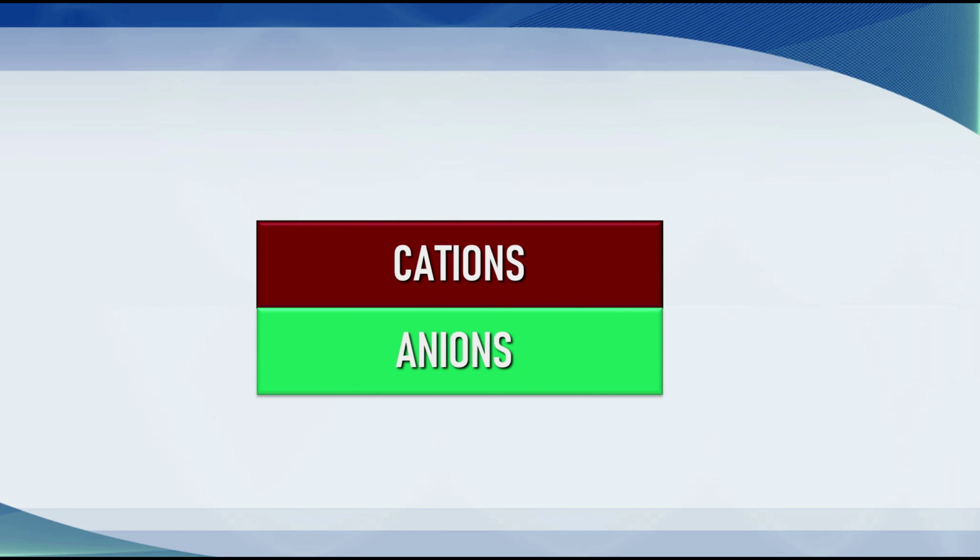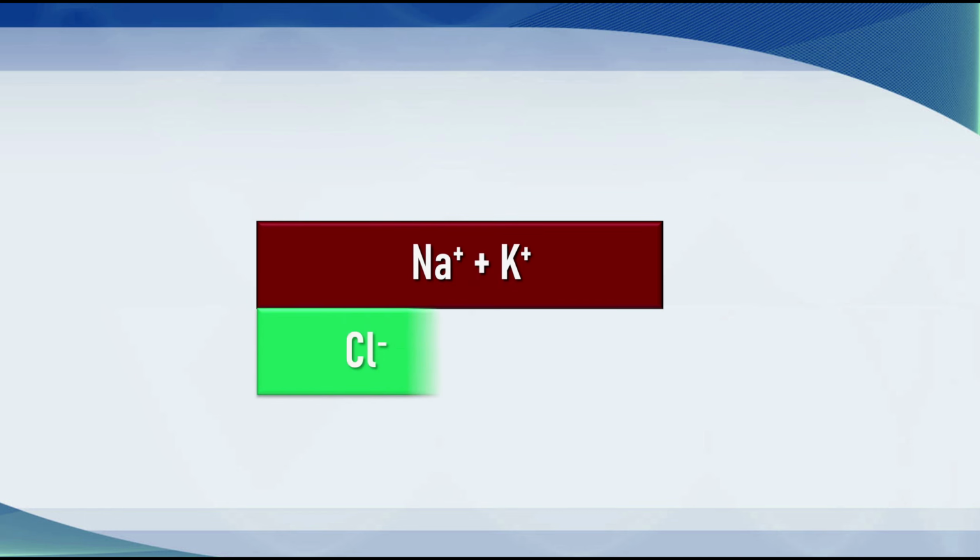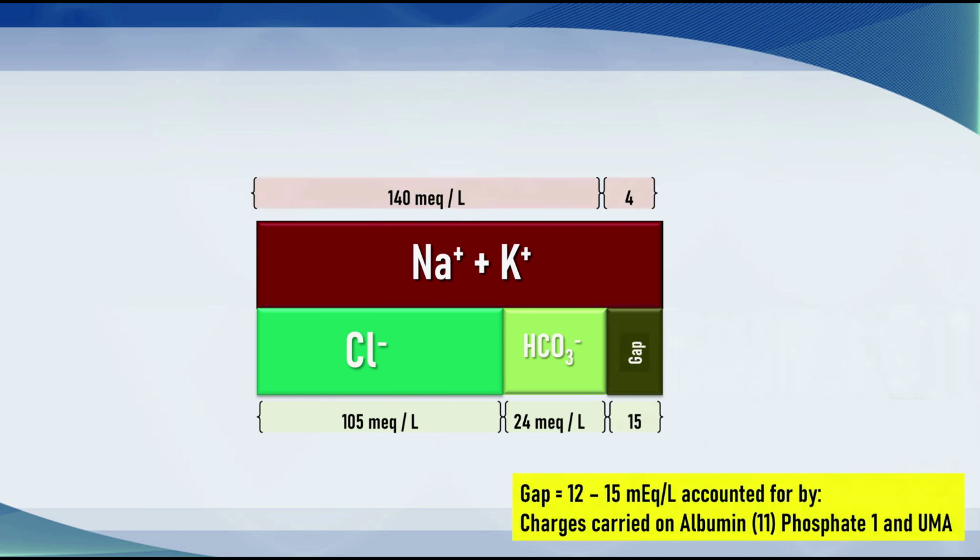Effectively though, all the cations must equal all the anions, and the cations are relatively fixed, and they're principally sodium plus potassium. The anions are represented by chloride, around 105 milliequivalents per litre, bicarbonate, 24 milliequivalents per litre, and then everything else. And that's about 15 milliequivalents per litre.